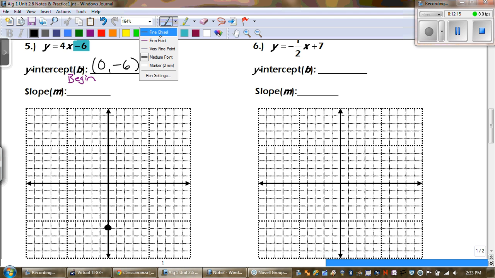All right, and our slope was 4, which is 4 over 1. Now, is that a positive or is that a negative? Well, it's a positive. If it's a positive, I know that I need to rise 4, and I need to run 1.